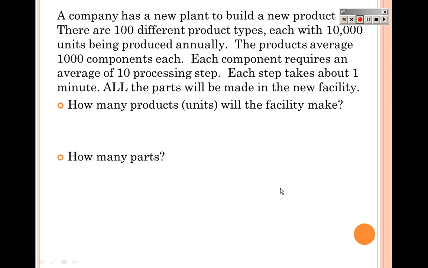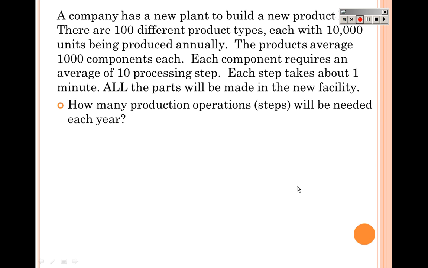All right, and now, how many production operations, or steps, will there be? So we need to take the billion from the last question.